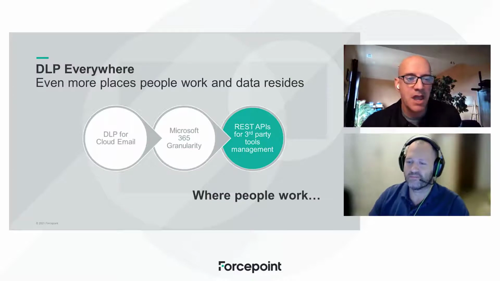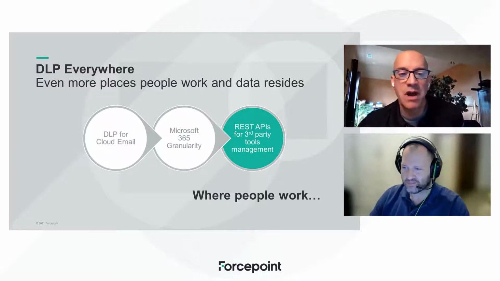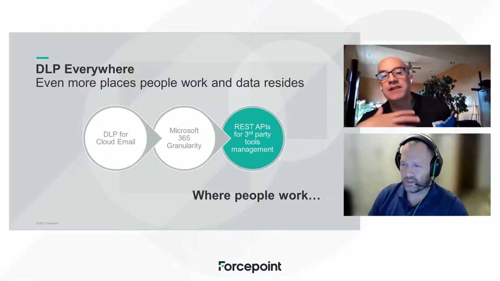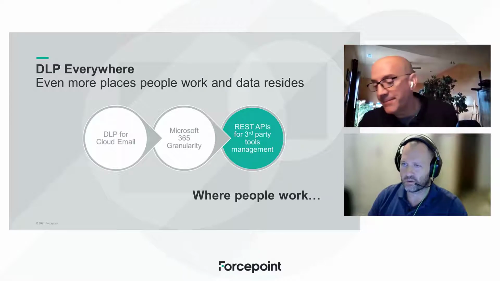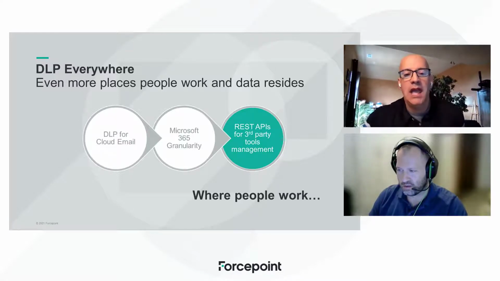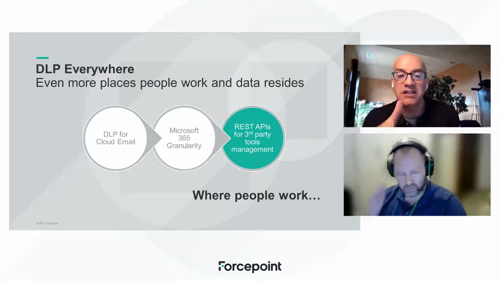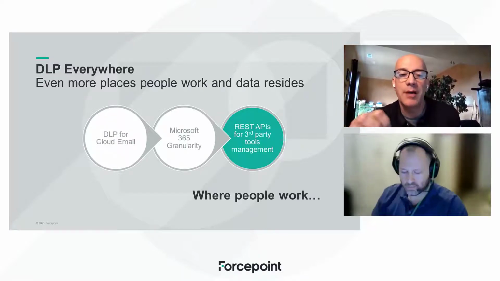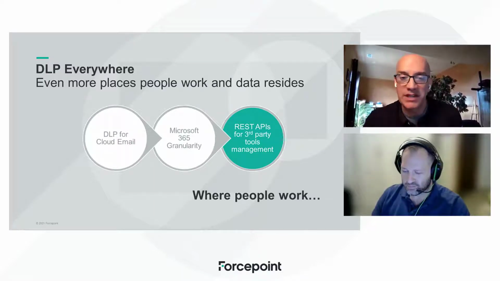Great. Thanks, Elad. So today, actually in Q4 2021, we're releasing several features that really speak to the benefit that customers are able to get with our DLP, which we call DLP Everywhere. DLP Everywhere is where our objective is to allow people to have DLP in more places where people work and where data resides.